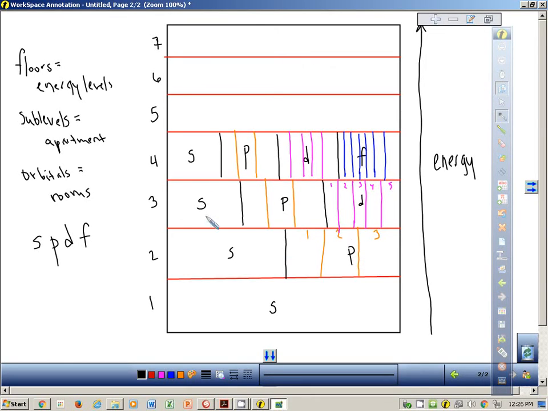What about the 3S? The 3S has more than the 2S and the 2P because it's another level above it. The 3Ps have more than the 2Ps, but all these rooms of the 3P are equal to each other. Are you with that?